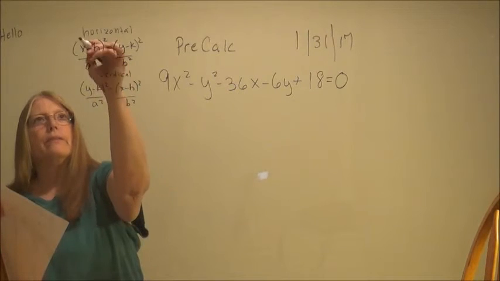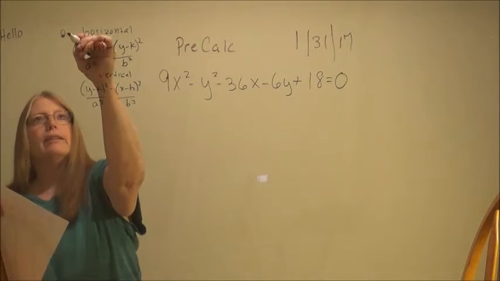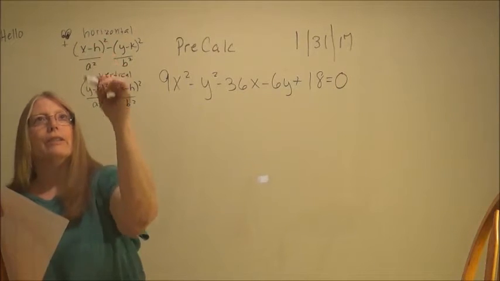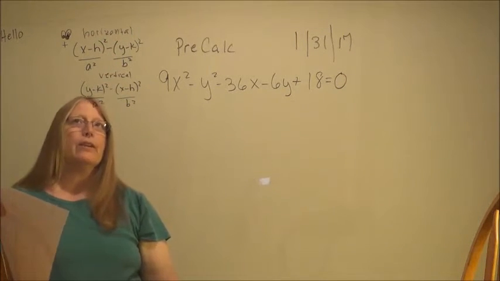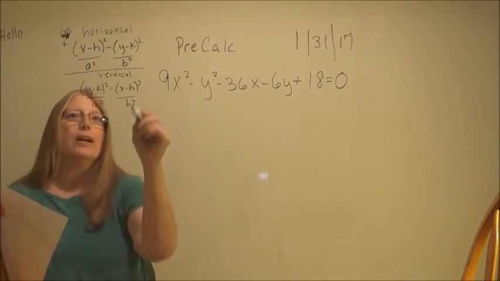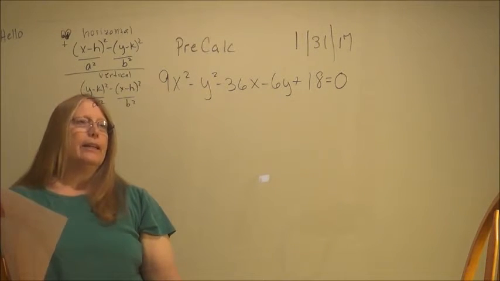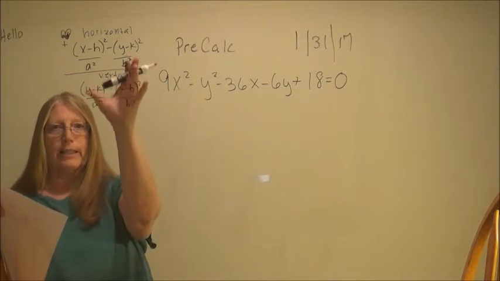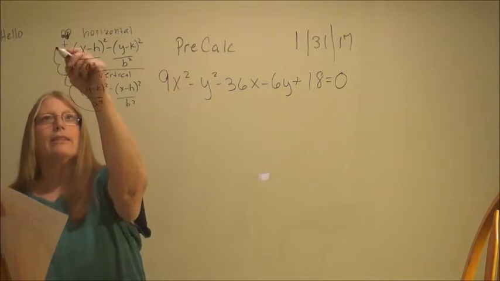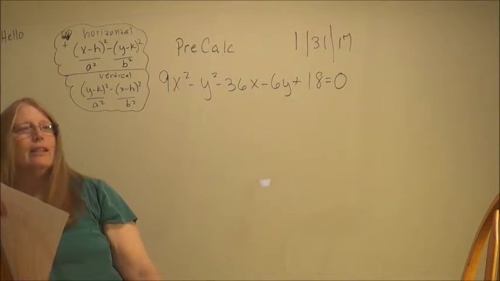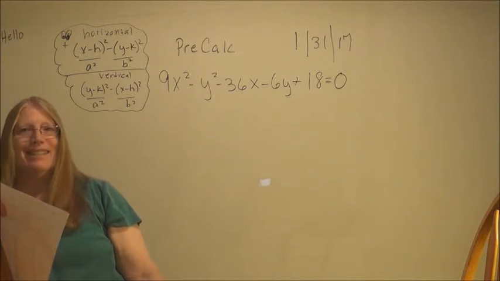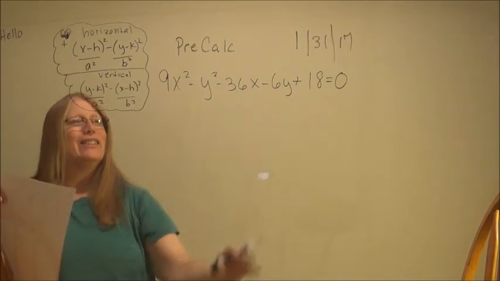We're going to look for the positive term, and that tells you if it's x, it's horizontal, and if it's y, it's vertical. We'll leave that up there in our thoughts. And if my head's in the way, you won't have it written down. So let's go ahead and look at the problem.